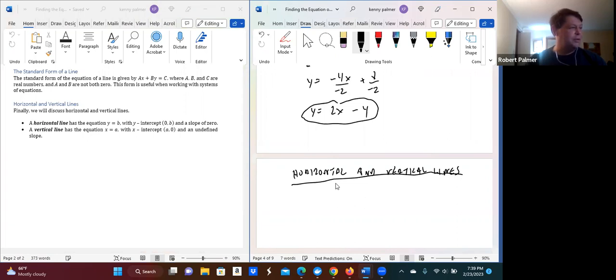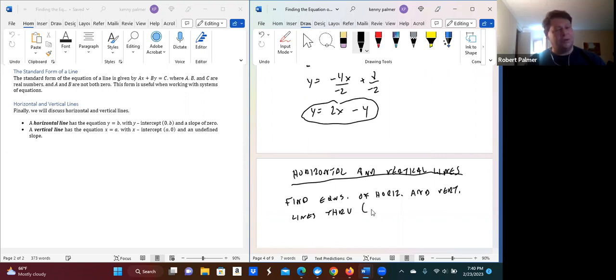Okay, let's look at the example. So we want to find the equations of horizontal and vertical lines through the point 2, 3.